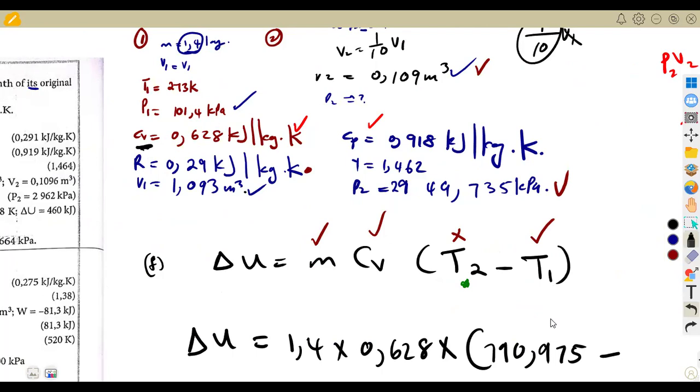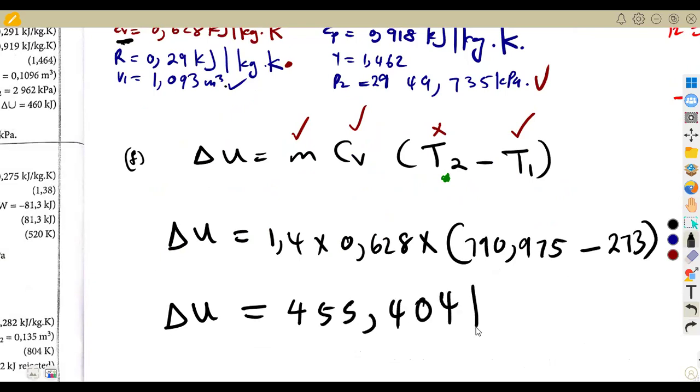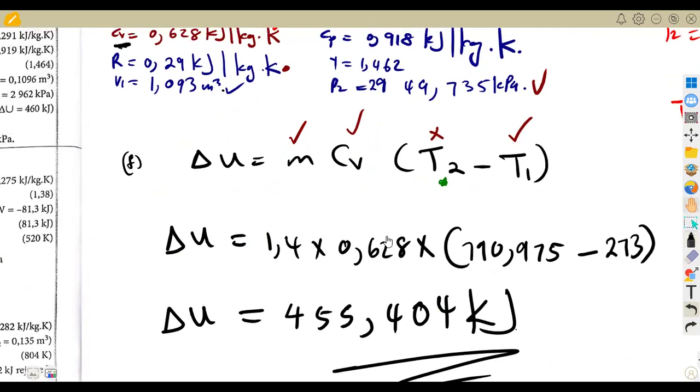Use whatever you want. Minus T1, which is the temperature at the inlet, 273, at our STP condition. That gives us the change in internal energy, which is 455.404 kilojoules, just like that.